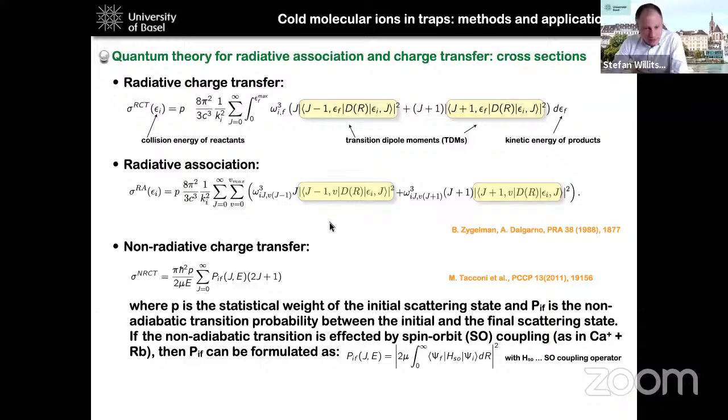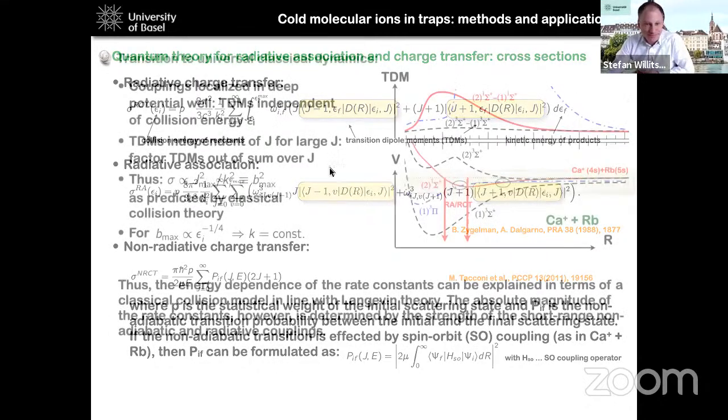Okay, so now let's focus on these radiative processes, and a similar argument can also be made for the non-radiative charge transfer processes.